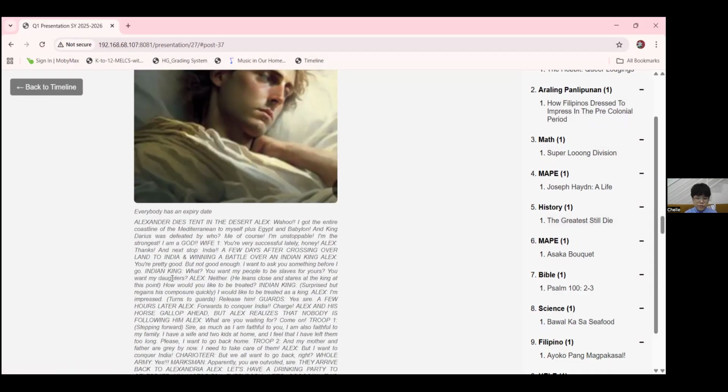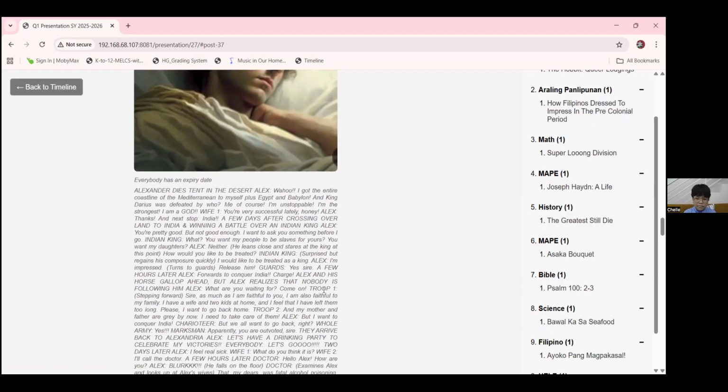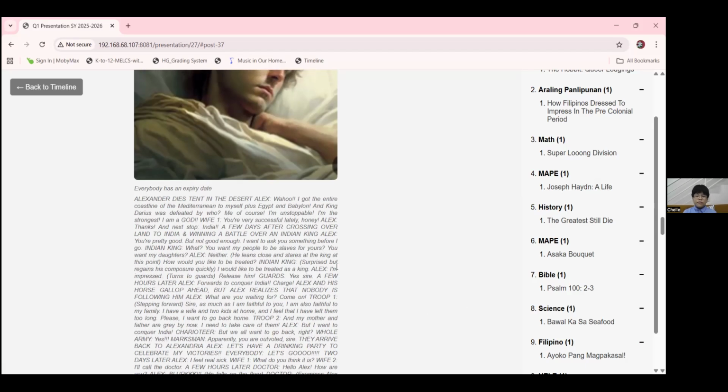This was supposed to be like a script, like a play script, but it doesn't appear like one, I guess it just compiled. So actually, it's not really just his death. It's from a little bit before the time he conquered India, from that point to his death.